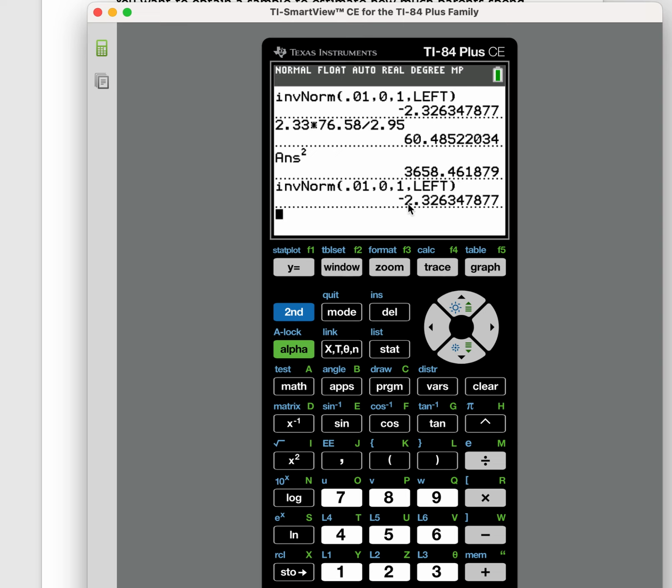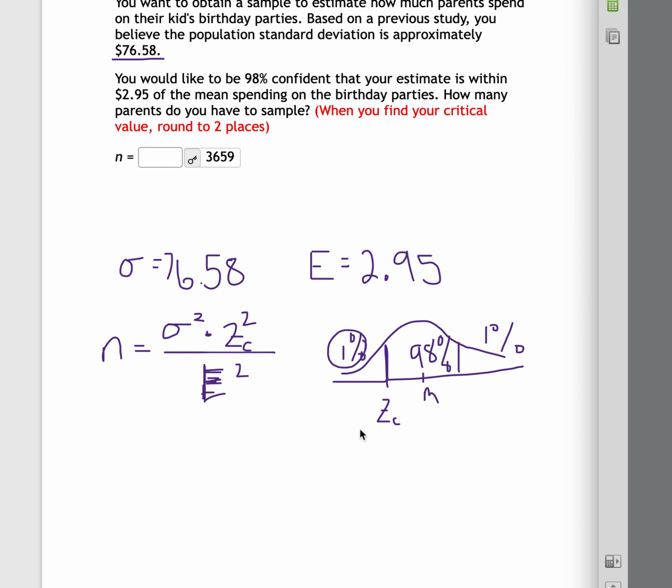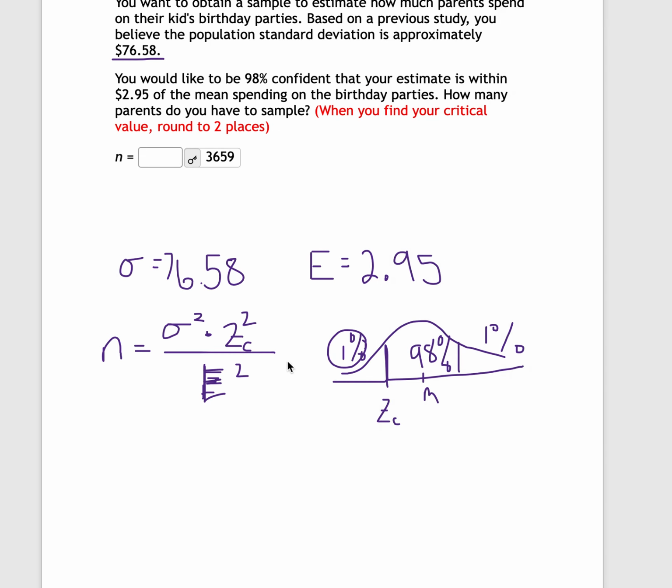And I'm going to get that my z critical on the left is negative 2.33. So this z cutoff is negative 2.33. And this cutoff here is 2.33 positive. So when I put in my formula, my z critical is going to be 2.33.